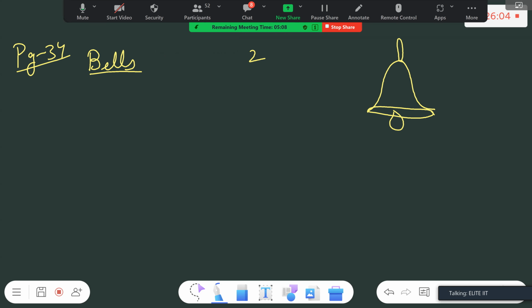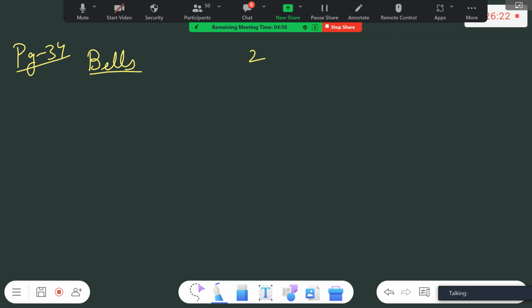I'm not a good artist, but this is what a bell looks like. So, you have bells. How many bells you have? 6 bells ringing. They have told 6 bells are ringing together, isn't it?